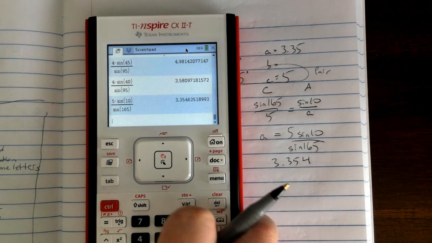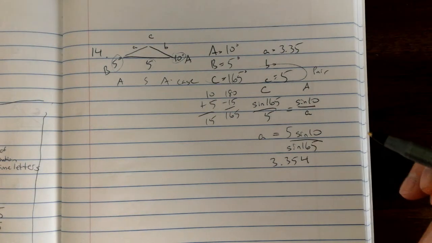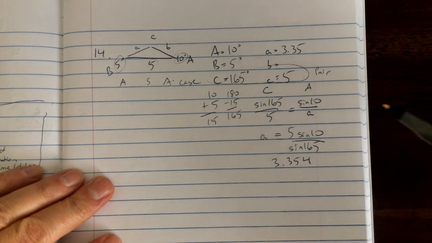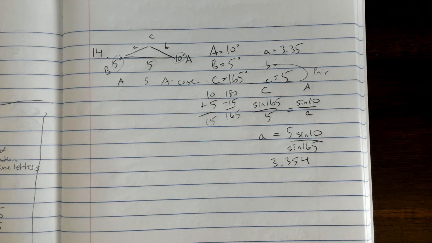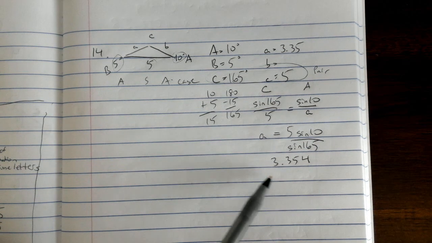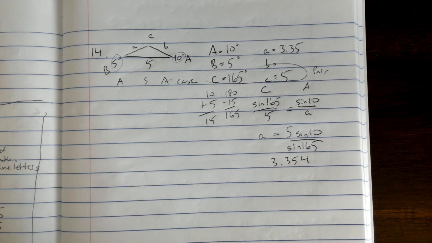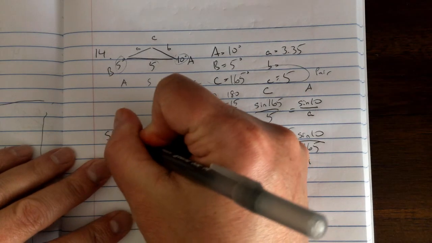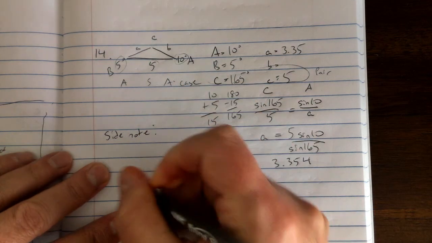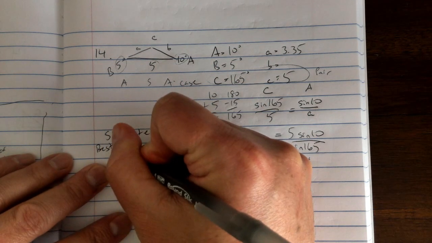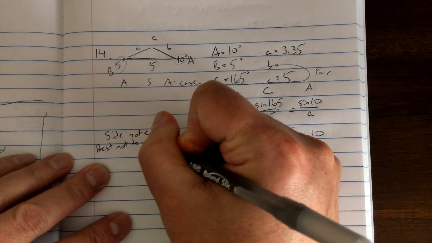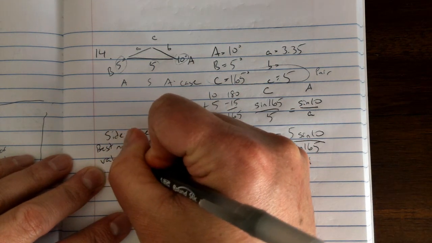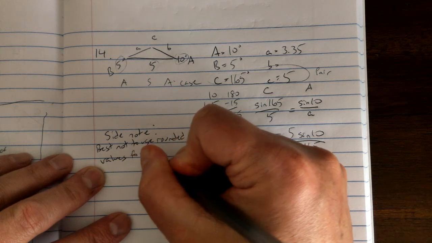Then the next thing we need to do is B. So we're going to use the C and the B information. Now, somebody may ask, well, can we use the A information with the B? I'm just going to write this as a side note. It's best not to use rounded values for the other variables.